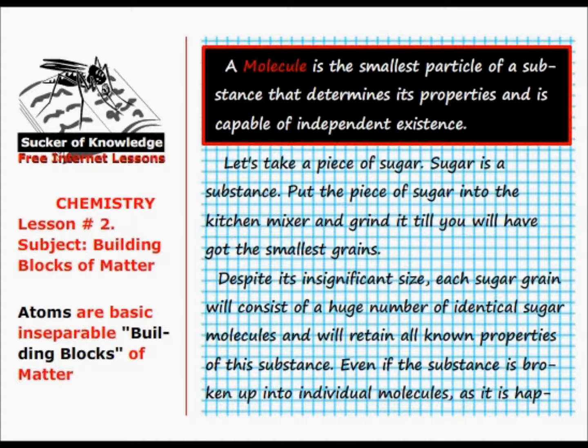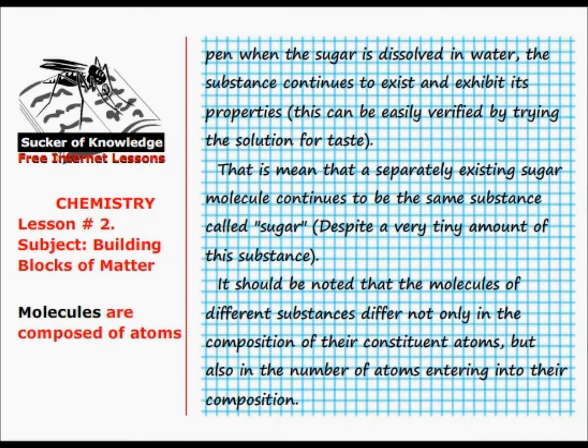Let's take a piece of sugar. Sugar is a substance. Put the piece of sugar into the kitchen mixer and grind it until you have got the smallest grains. Despite its insignificant size, each sugar grain will consist of a huge number of identical sugar molecules, and will retain all known properties of this substance, even if the substance is broken up into individual molecules, as happens when sugar is dissolved in water.